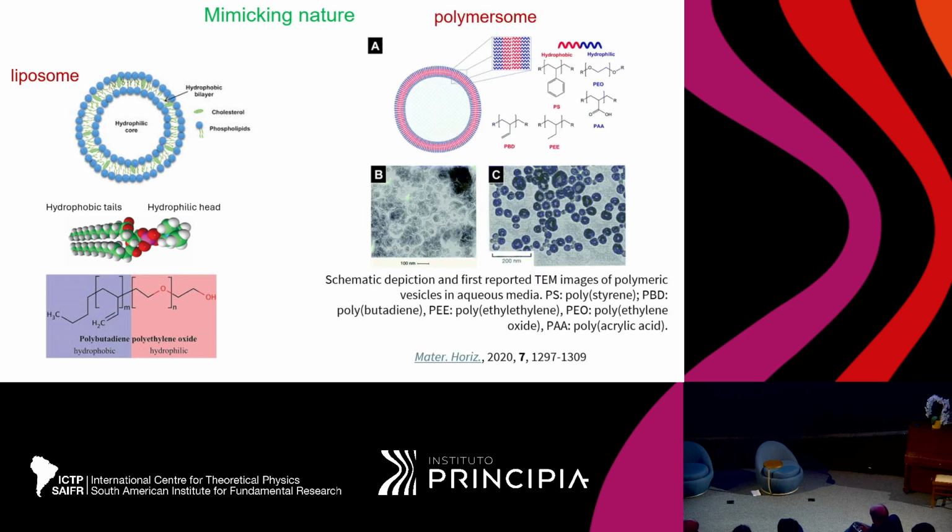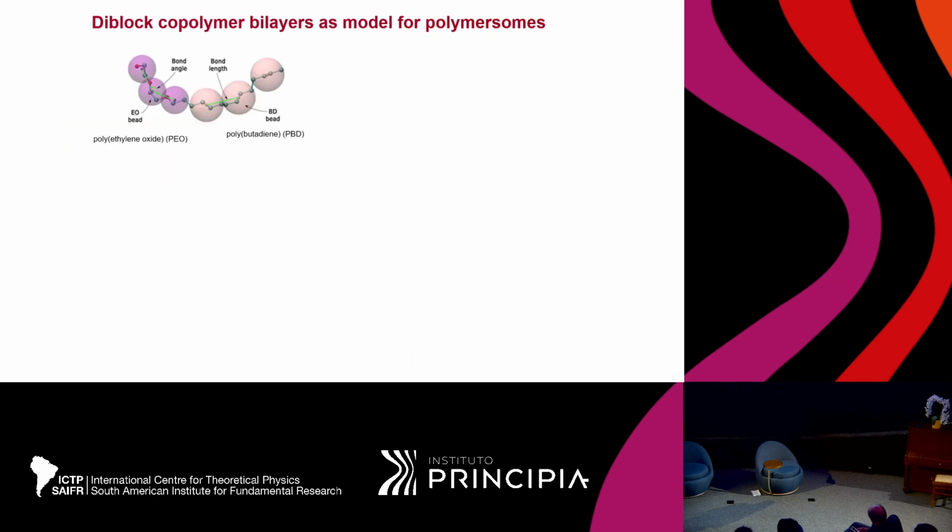Well, it was found in 96, 97 that with this kind of block copolymer they can make spherical structures like liposomes that are called polymersomes. What can we do from simulations?